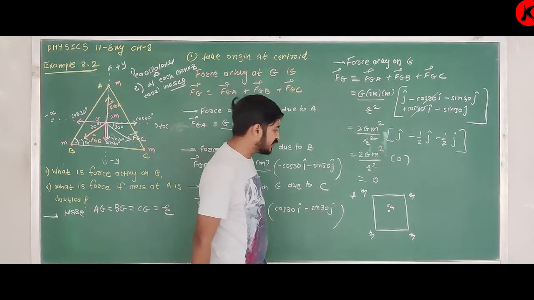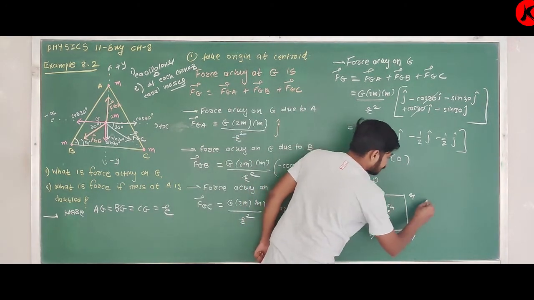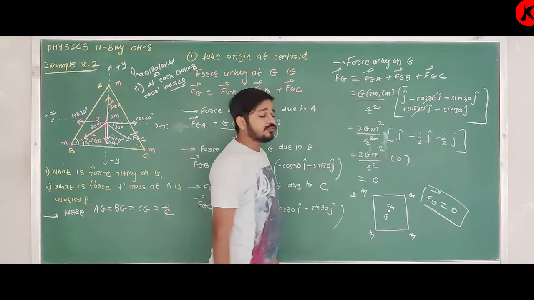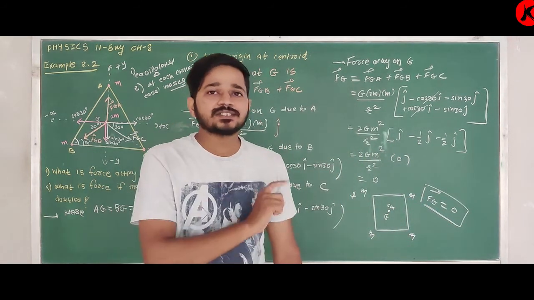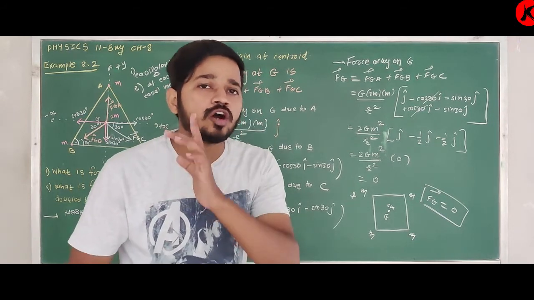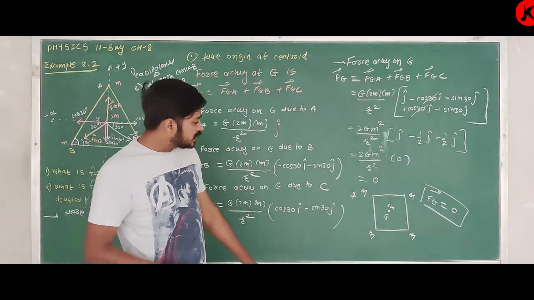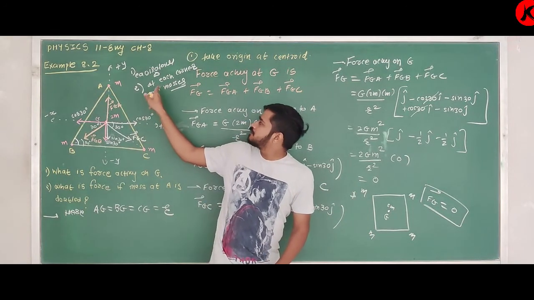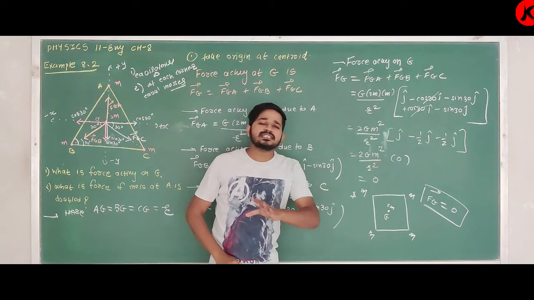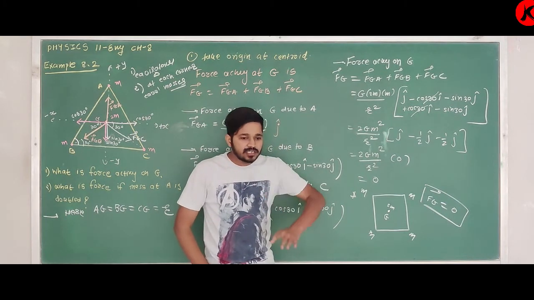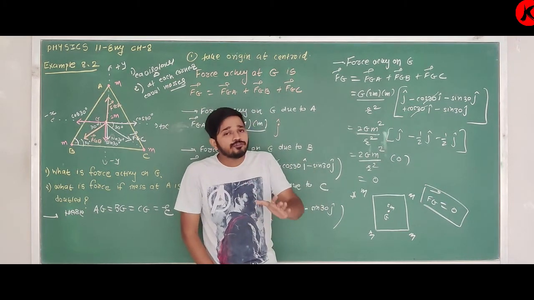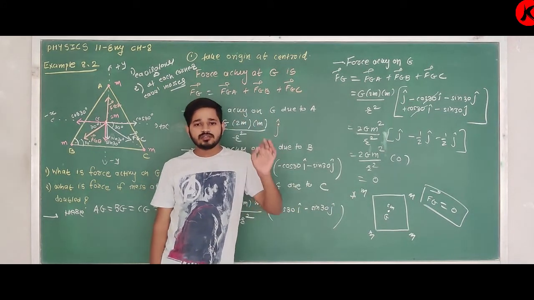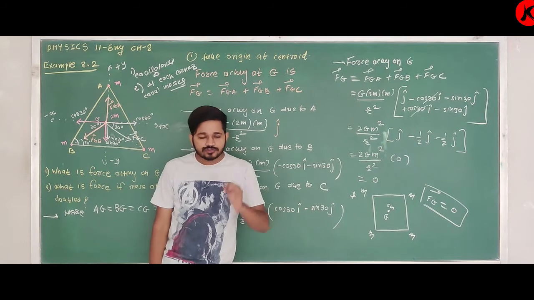Whatever mass is there, at point G the force is 0. For any symmetrical object, you have to remember that if equal masses are placed at each corner, then at the centroid the total resultant gravitational force is 0.